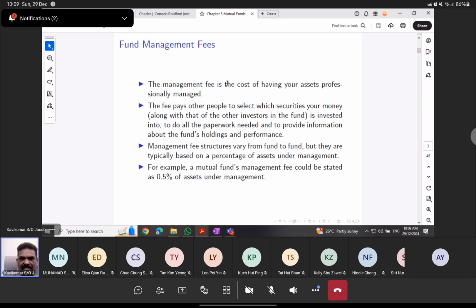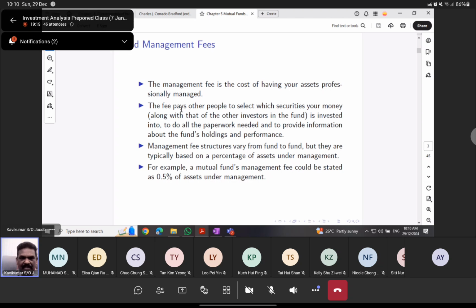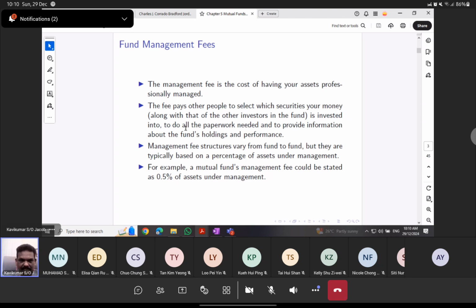So here the management fee is the cost of having your asset professionally managed. To professionally manage your asset, we are supposed to pay some fee. That fee we call management fee. The fee pays other people to select which securities your money is invested into.